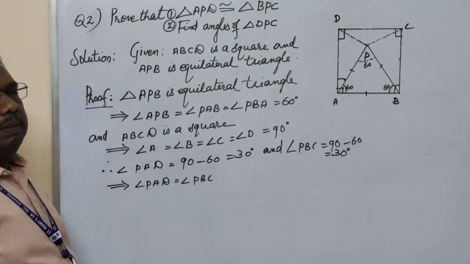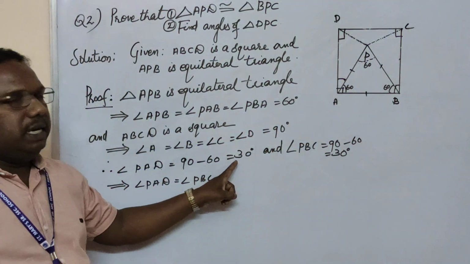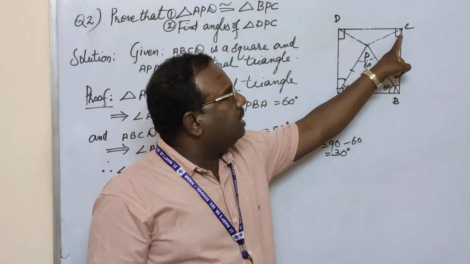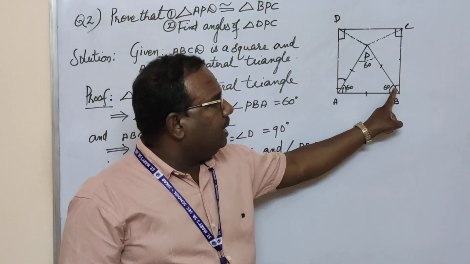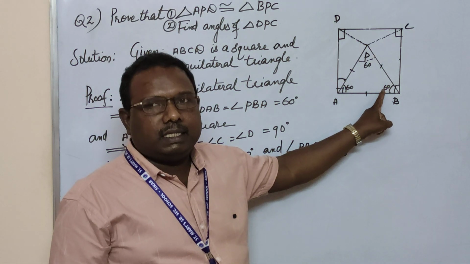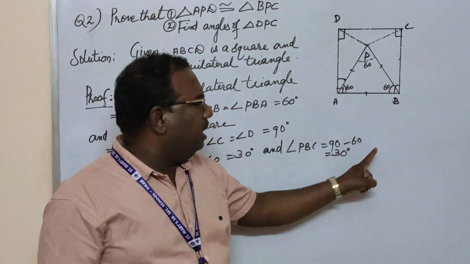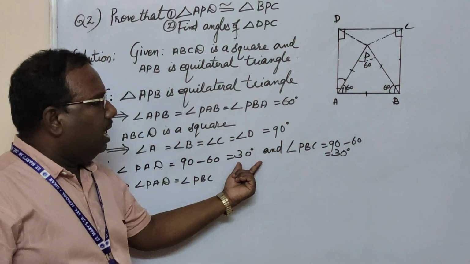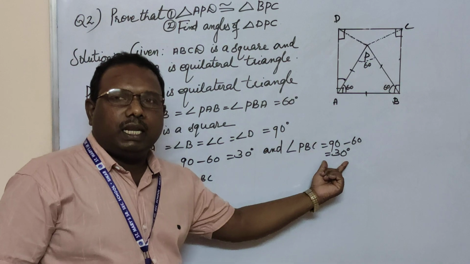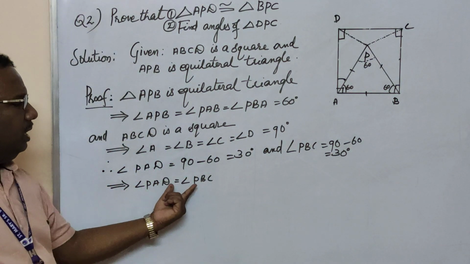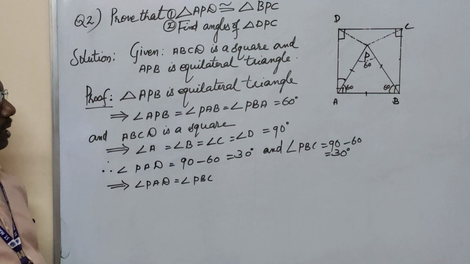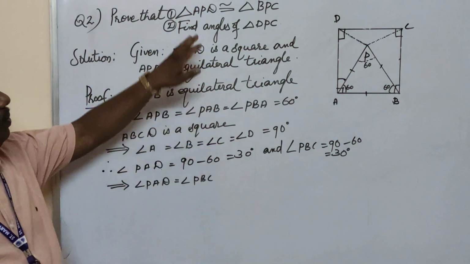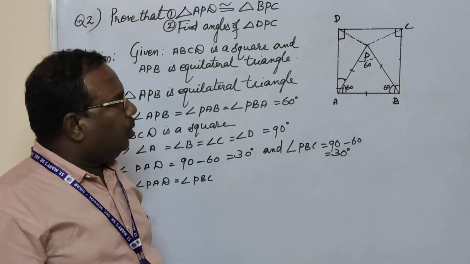That is 90 minus 60 equal to 30 degrees. Similarly, angle PBC is equal to 90 degrees minus this much part 60, equal to 30 degrees. So angle PAD equal to 30 degrees and angle PBC is also 30 degrees, which implies angle PAD equal to angle PBC. Now let's go to the first part of the question. We can prove this. And one more point I want to tell you.